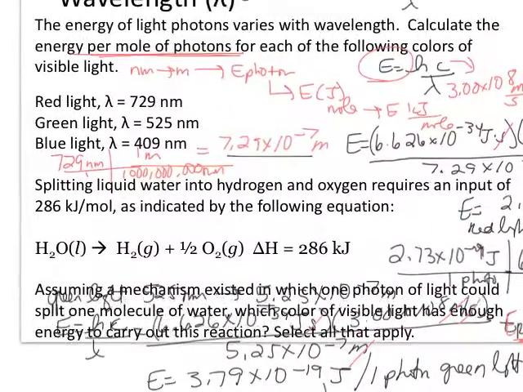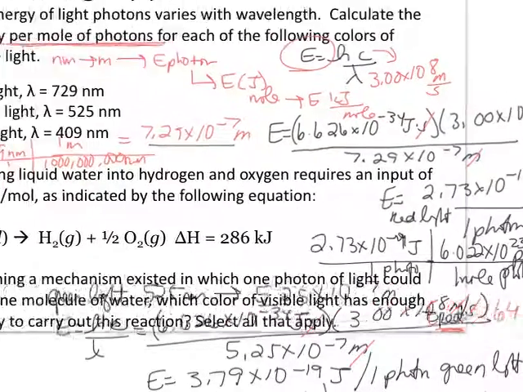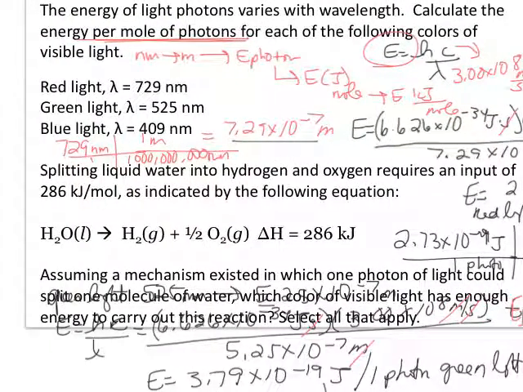Okay, so for red light, we said it was 164 kilojoules per mole. For green light, we just calculated it to be 228 kilojoules per mole. And then we do the same for the blue light.